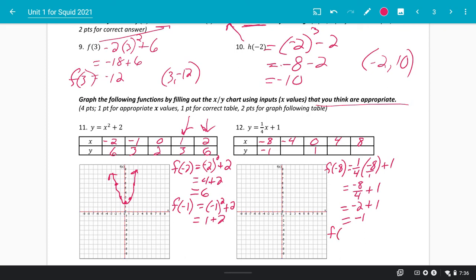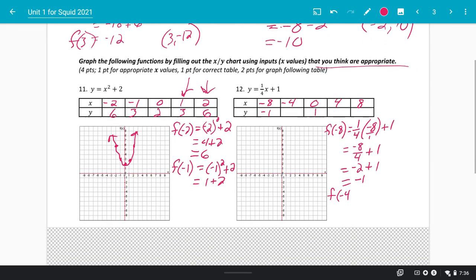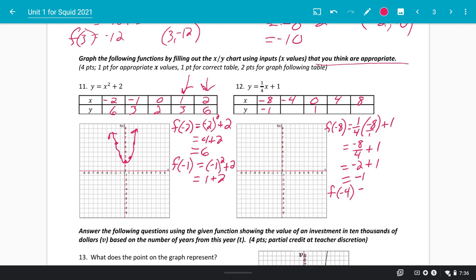Now f of -4, which is 1/4, sorry, 1/4 times -4 plus 1. Well, that's really over 1, so it's -4 over 4 plus 1, which is 0. Can you see the pattern? It's going up by 1 every time.